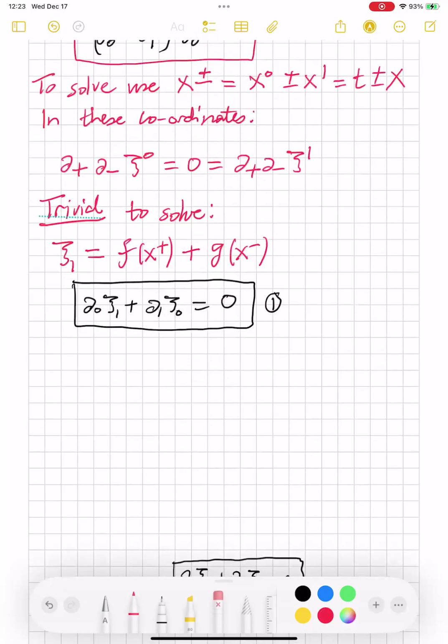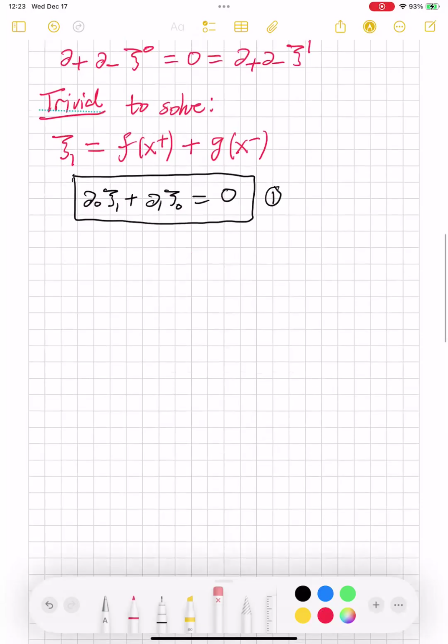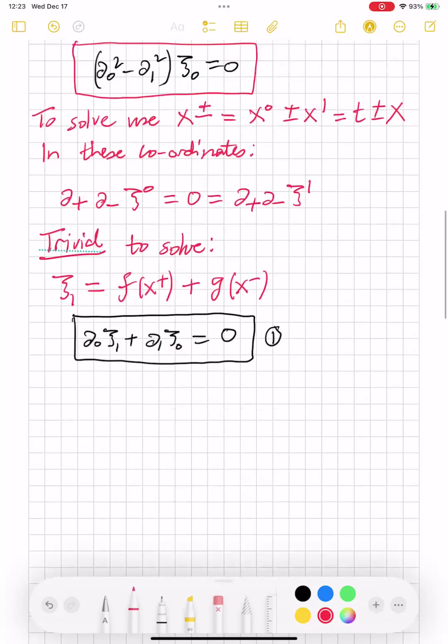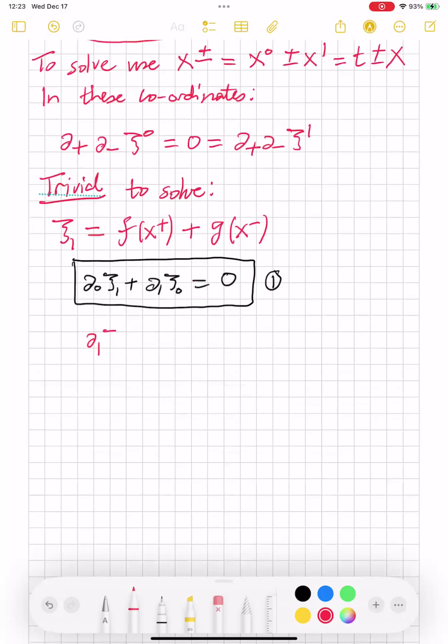So what we now know is d1 on zeta naught must give us exactly the same thing as minus d naught on zeta 1.